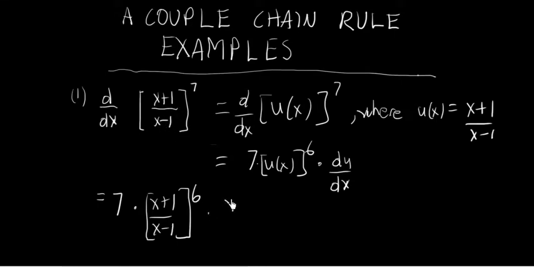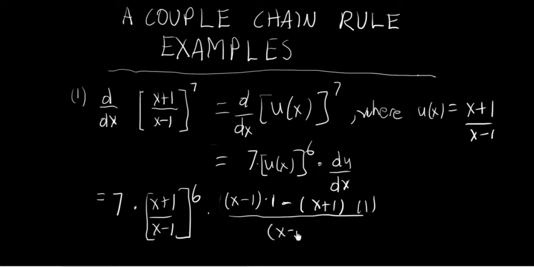So that's just going to be x plus 1 times 1 minus, I did that incorrectly. It should be x minus 1 times 1 minus x plus 1 times 1, and this follows just from the quotient rule over x minus 1, the quantity squared.